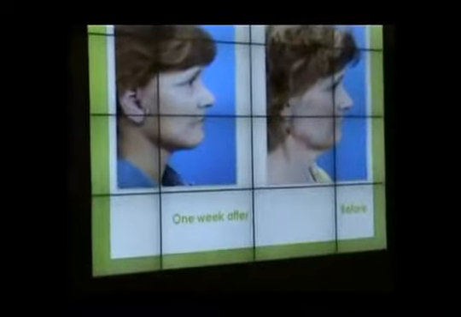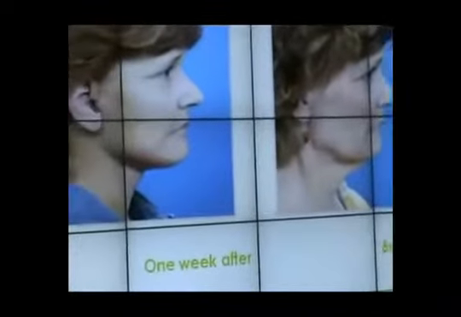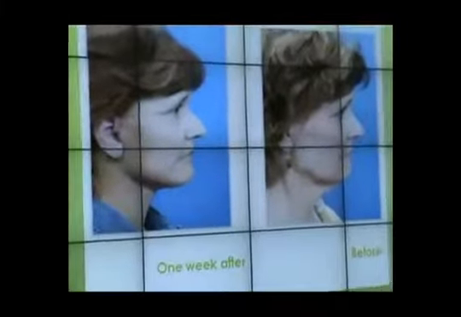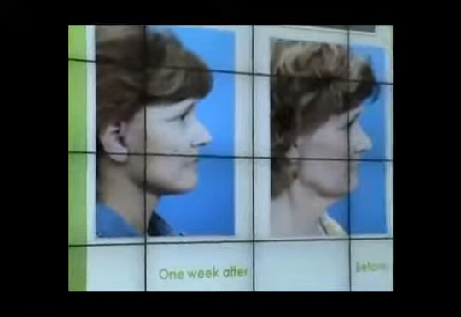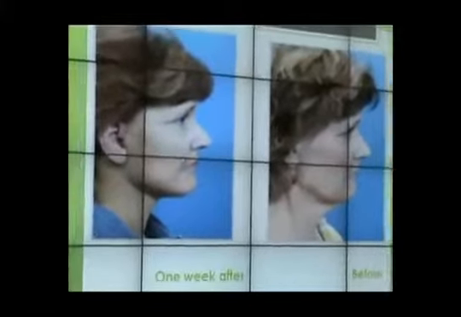With this patient, if you can see the mark in front of the ear, you can tell that she had a facelift with a preauricular incision. But she also had fat grafting combined with PRP. You can tell the augmentation of the cheek, of the nasolabial fold, and the better skin texture after this combination therapy. Just 1 week after, it's a remarkable result.